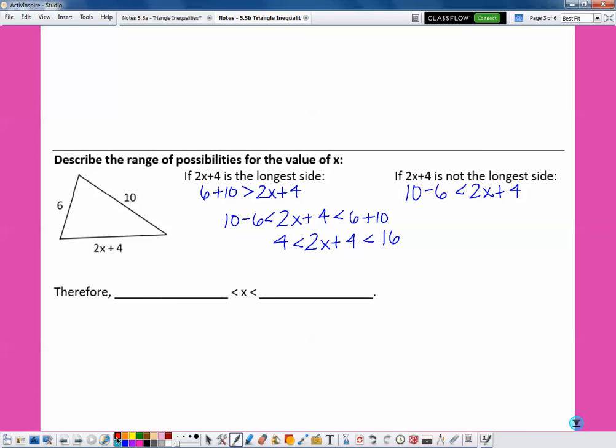So now we solve. Since we have a compound inequality, we want to get x by itself. When we subtract the 4 here, we need to remember to subtract it on both sides of the inequality.